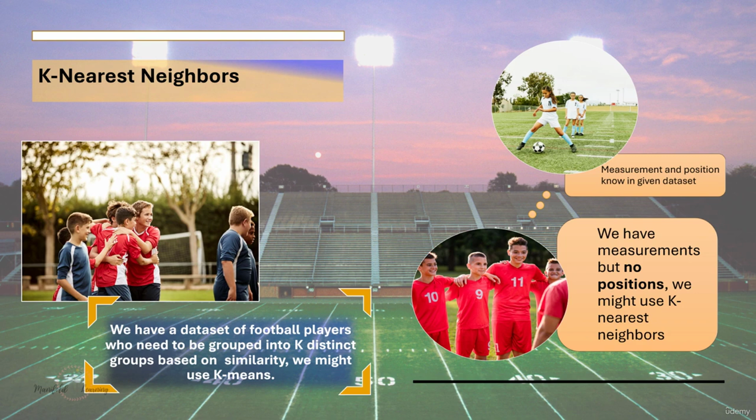Now let's say we have a data set of football players who need to be grouped into k distinct groups on the basis of similarity. In such scenarios we can make use of the k-means algorithm. If I have a new football player who needs a position, then at a high level I'll take the 5 football players in our data set, with the measurements, who are closest to the new player.